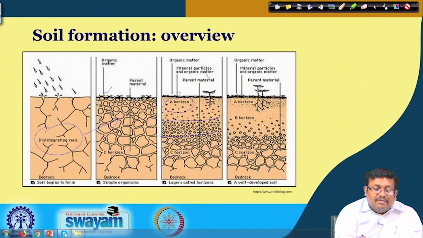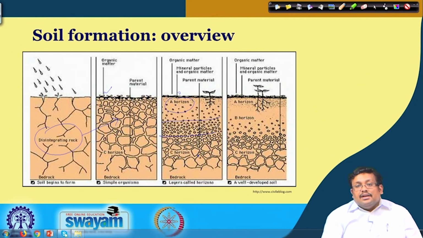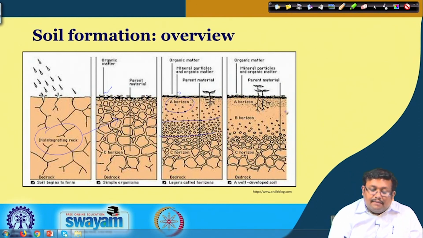In the O horizon you will see a mixture of mineral particles and organic matter, and the C horizon will contain mainly the parent material. And in the final panel you will see that complete distinct horizonation has been formed in this soil, where you can see the A horizon as well as the B horizon as well as the C horizon, and at the top there is a completely developed O horizon.